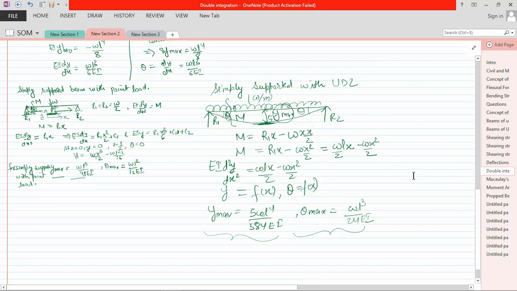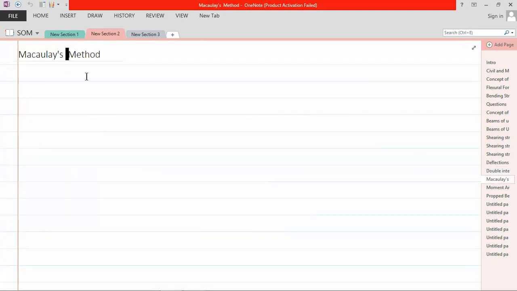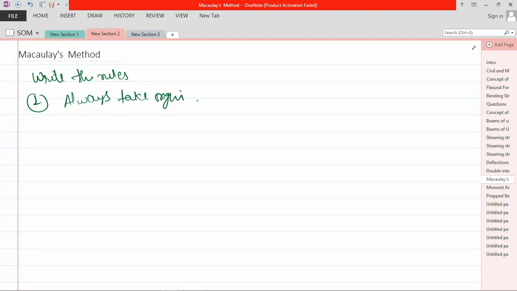So now I am doing Macaulay's method. In it there are a few rules. First, write the rules. First, always take the origin on the extreme left.